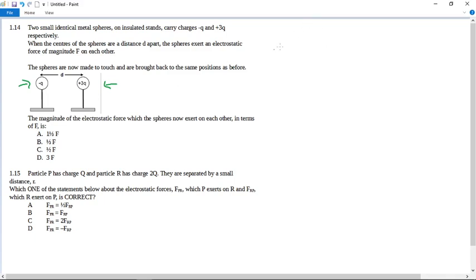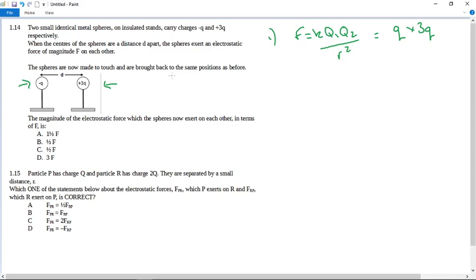So in the first situation, we have F equals k Q1 Q2 over r squared, and here the charges are Q and 3Q, okay? So it's Q times 3Q. Now it says the spheres are made to touch.